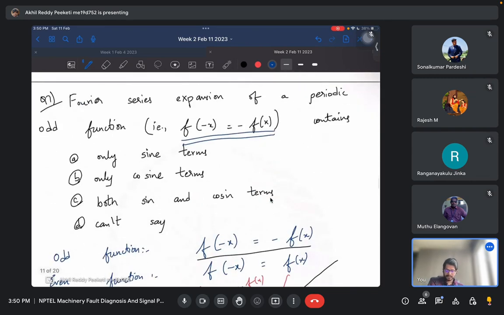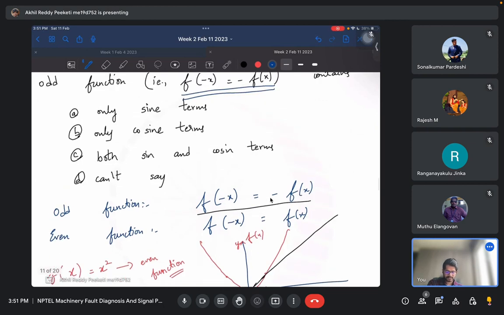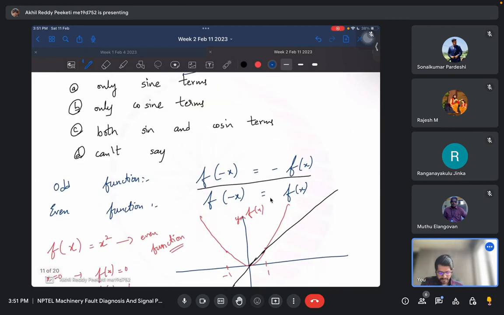Next we looked at a Fourier series expansion of a periodic odd function, what terms it should contain, and also what terms a periodic even function should contain. If it's an odd function, if your x data is negative, then you can just obtain it by the negative of the actual function.